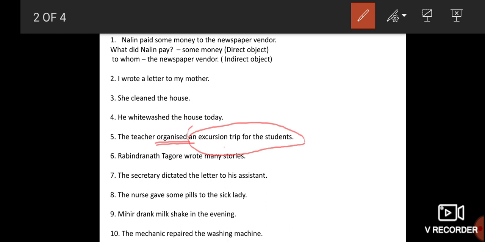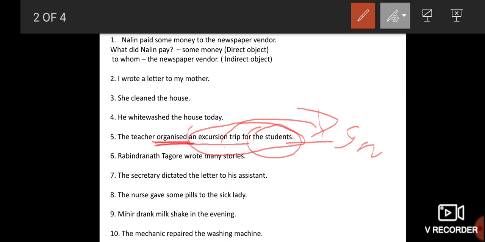So in this sentence, the teacher organized an excursion trip for the students. Organize, this is a transitive verb. You have to underline this. And what did the teacher organize? An excursion trip, this is direct object. ये आपका direct object हो जाएगा. For whom, किसके लिए? For students, this is indirect object.